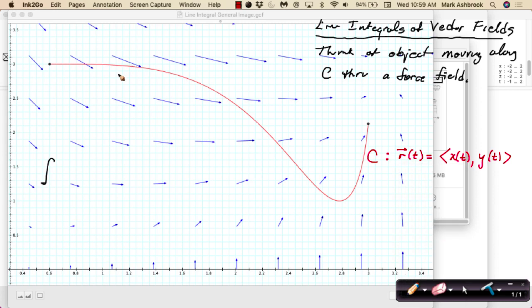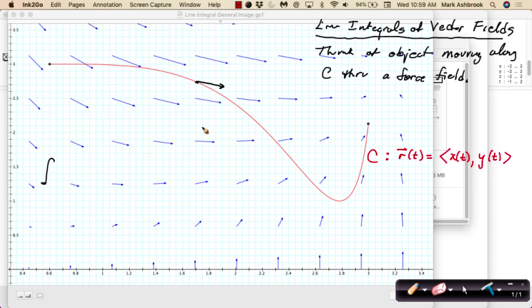Suppose at this point right here, I have this vector like this. So that's what we're looking at, this point and this vector.